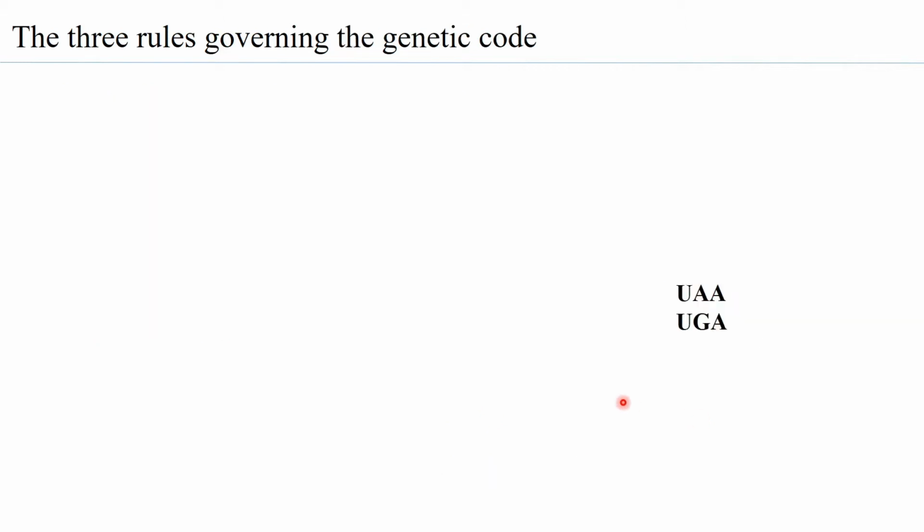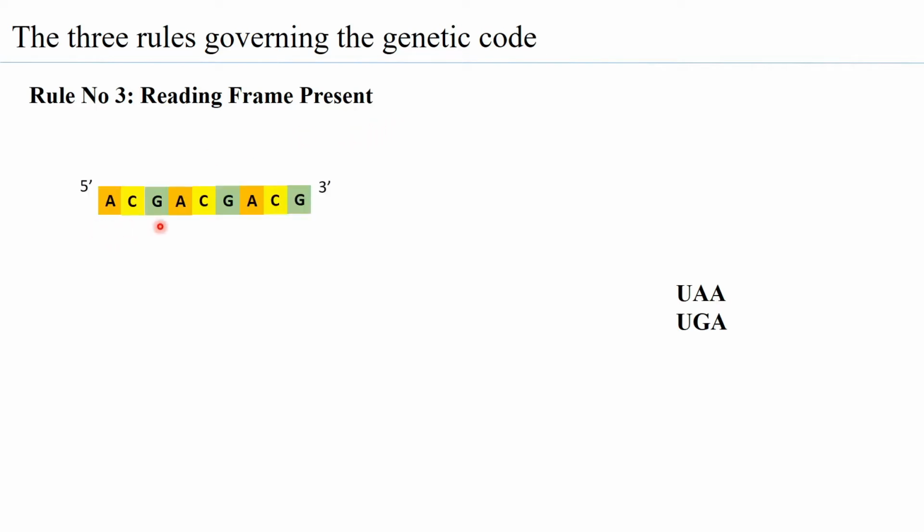Now the third rule is, well, before going to the third rule, UAA and UGA are defined codons. Now let us look at what it defines in the genetic code. So the third rule is that the genetic code has a specific reading frame.